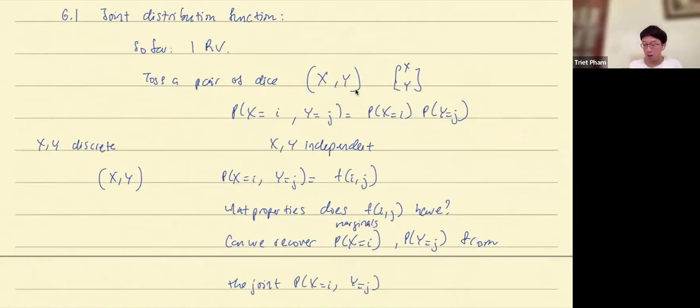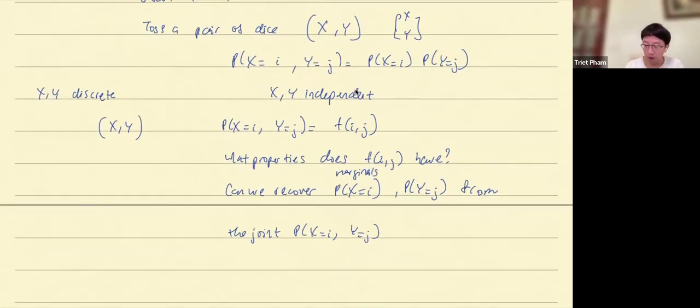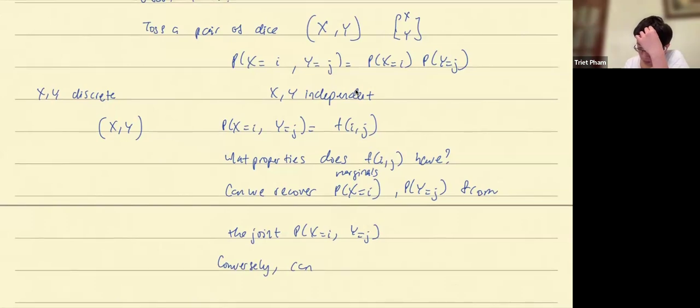Basically, from the joint behavior, can I rediscover the individual behavior? Or you could ask conversely, can I reconstruct the joint from the marginals?